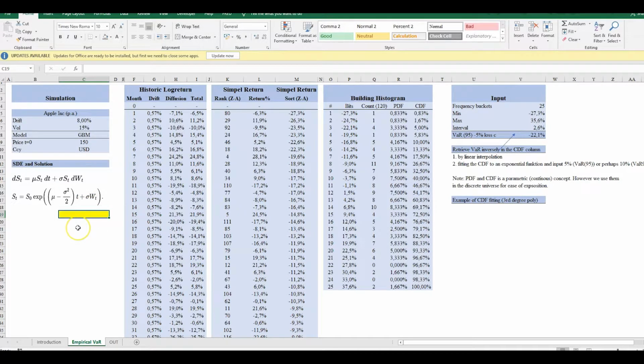And we also see that once we have generated the log returns inside the parenthesis here, total log returns, the sum of the drift and the diffusion, we have to exponentialize. So this is what the GBM does on stocks. It creates log returns, and then afterwards we have to exponentialize to get simple returns.